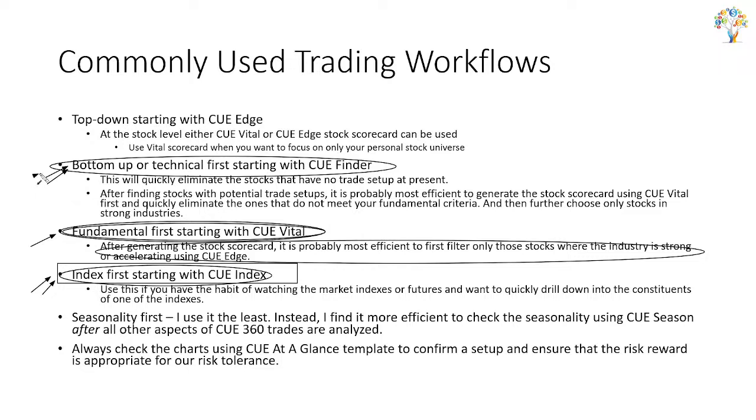Because if I'm starting with technical first, my list is quite large to start with. If I'm starting with fundamental first, one or two clicks and my list is narrowed down a lot. Then I can look at industry to narrow it further and then only look at technicals. That becomes very efficient.